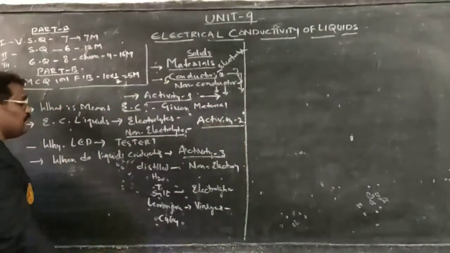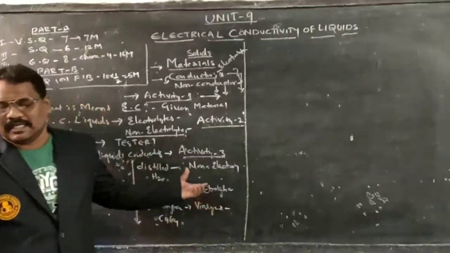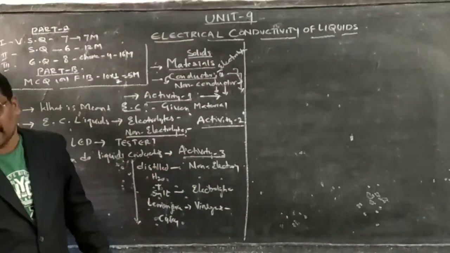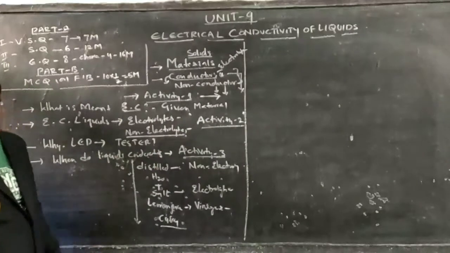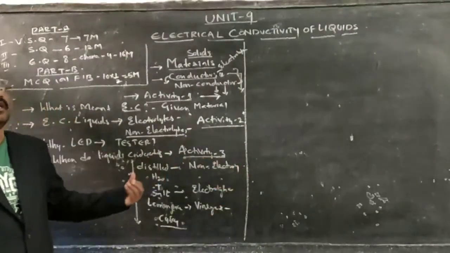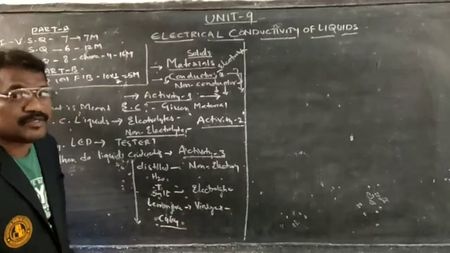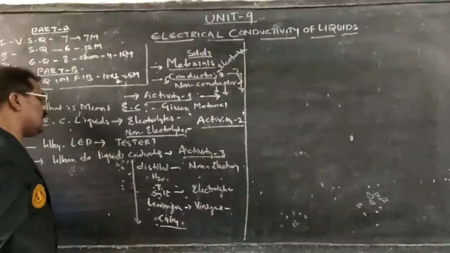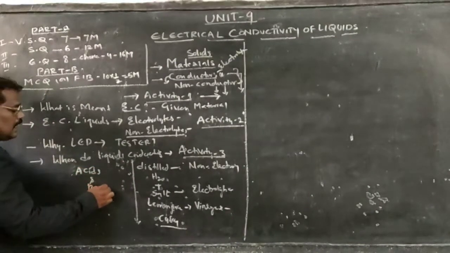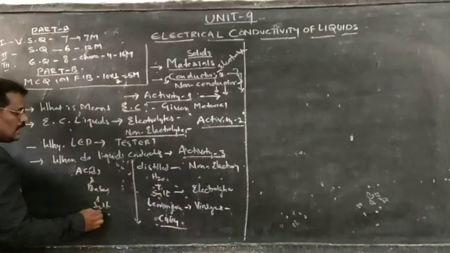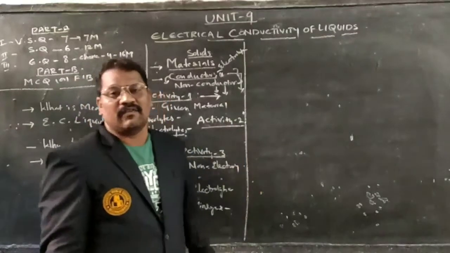Distilled water with copper sulfate conducts electricity, and distilled water with lemon juice conducts electricity. Therefore, as we add acidic substances, basic substances as well as salt substances, they conduct electricity. That is the explanation about activity 3.